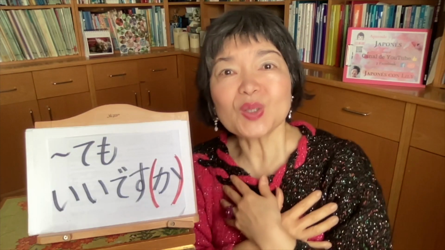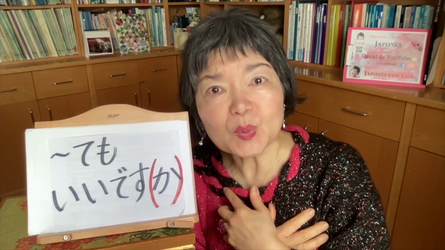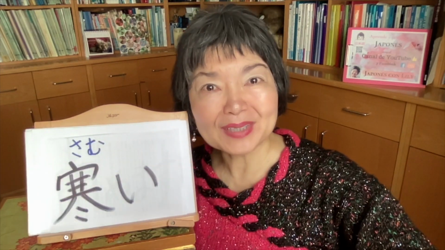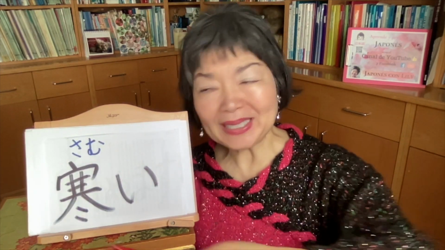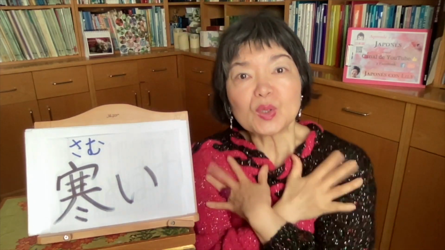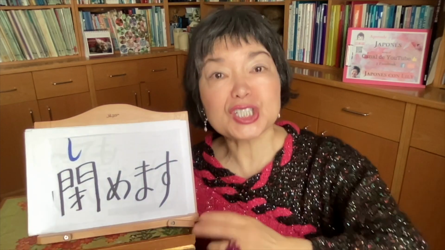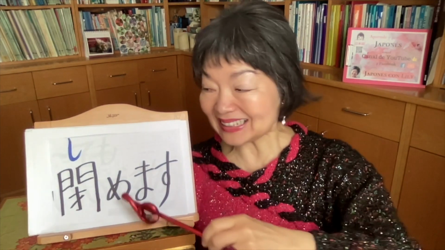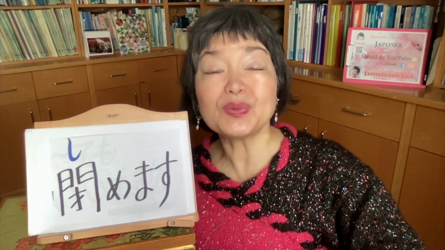Oh, it's cold. Can I close the window? I help you with vocabulary. It's 寒い. This means cold. This is an い adjective. And 閉めます. This is the verb to close. This is the second group. So this is quite easy to form the te form. 閉めて.